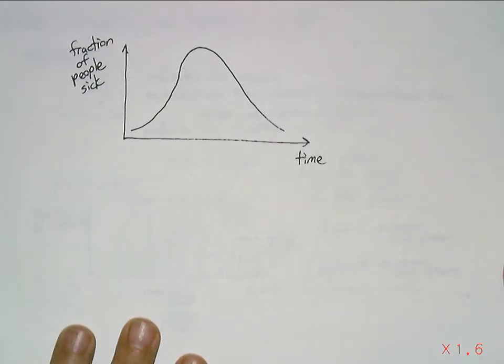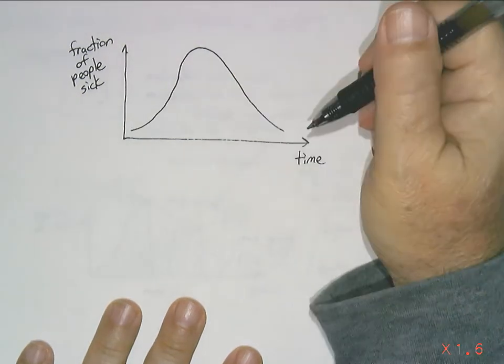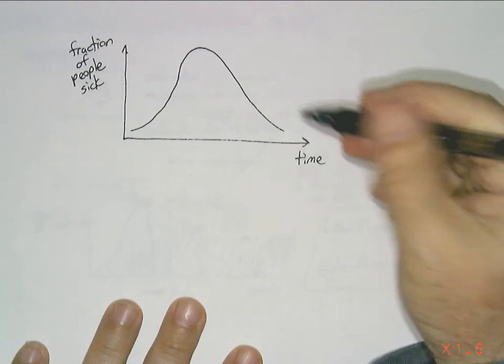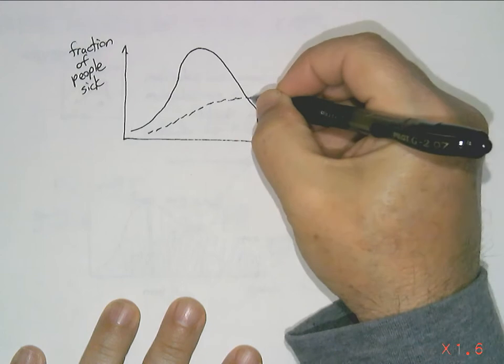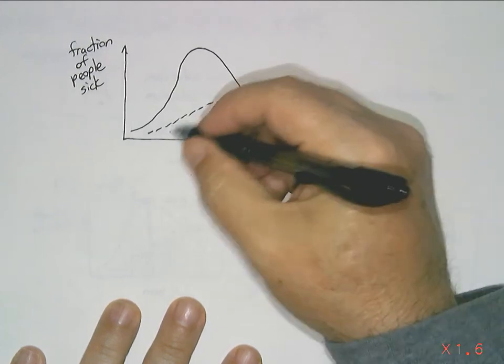It's very similar to that. And if you do something to shift the peak further, like social isolation, this is the flattening the curve business that everybody is talking about now.